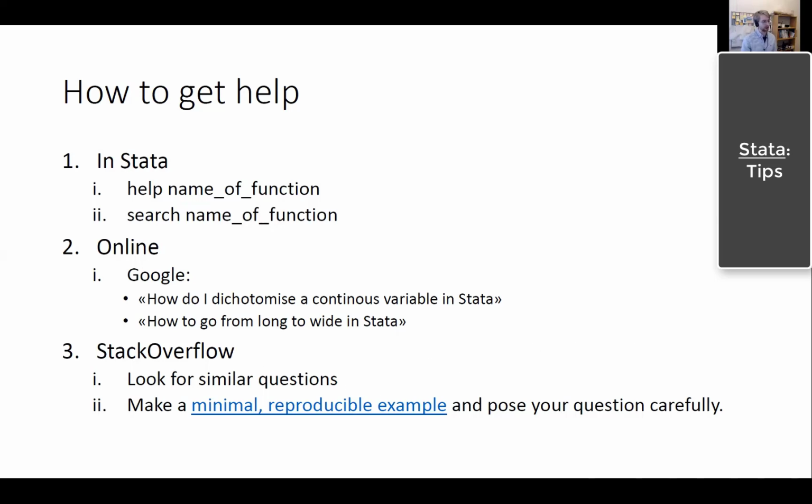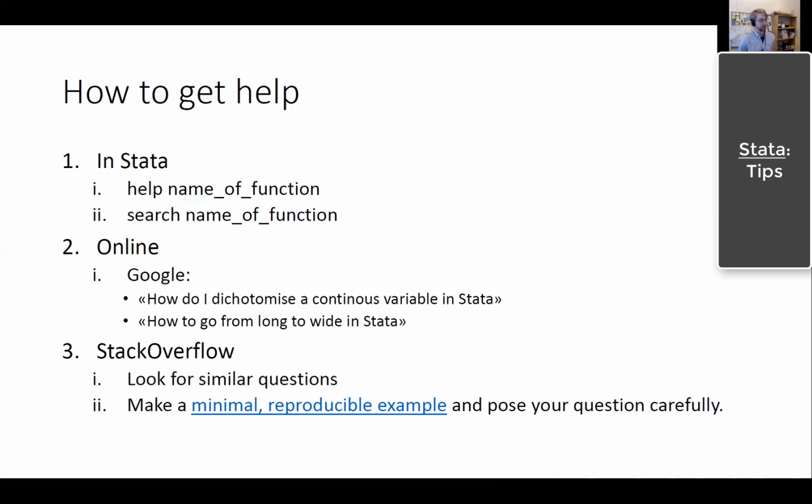Stack Overflow is the place I've found where they are the best at giving good advice. On the other places, there is a lot of bad advice being given and lots of people answering questions who maybe shouldn't be answering them. But on Stack Overflow, they have a very strict rule set.